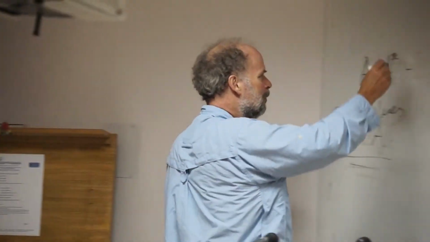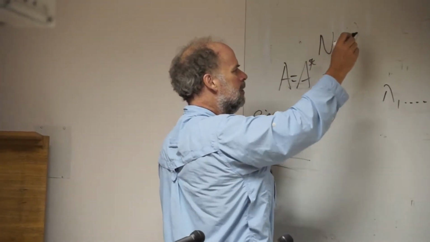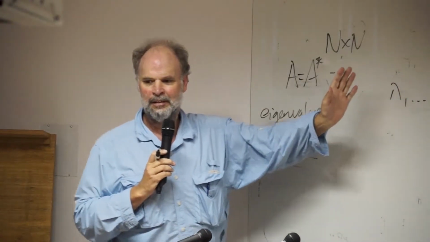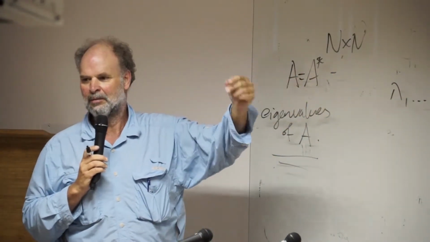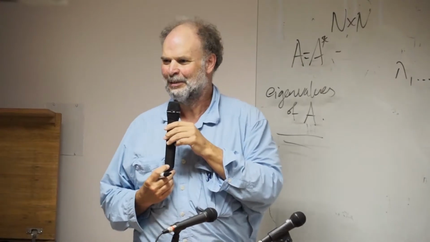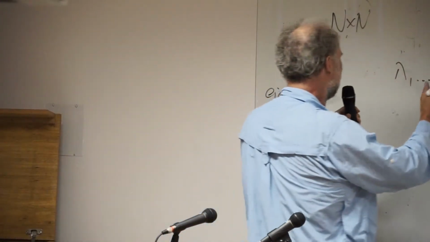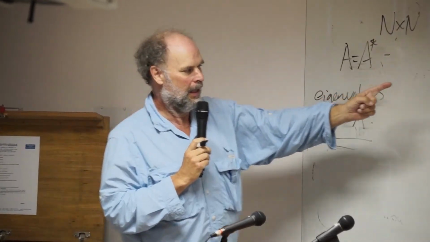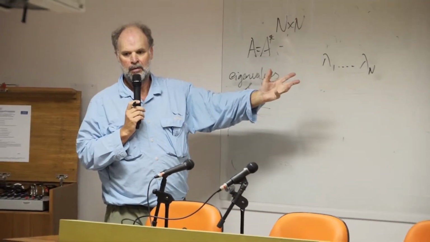So this is n by n, not the same n as over there; it has nothing to do with it. N is now an integer, like 1,000 or 1,000,000 or Google. Not very often that people use Google as a large integer. The self-adjoint matrix is going to have capital N eigenvalues, lambda 1 up to lambda n, and the question is, what is the distribution?